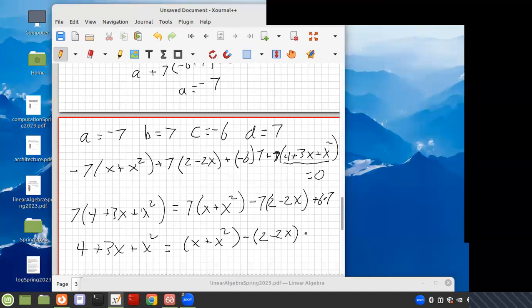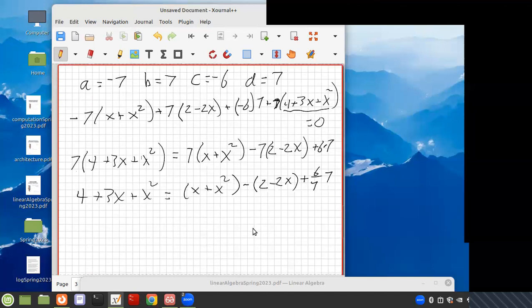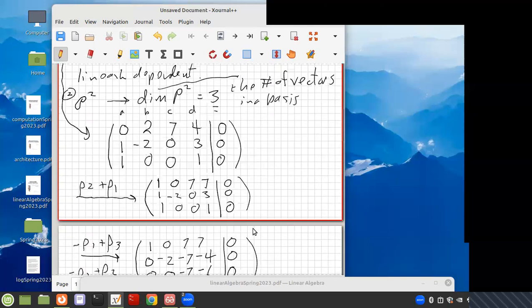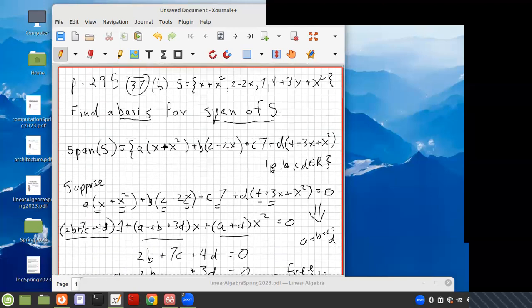and then plus 6/7 over 7. Okay, so what that means is in the original set, this vector here I've written as a linear combination of the other ones. There's a theorem that says if you delete or remove a linearly dependent vector from a set, the span doesn't change.